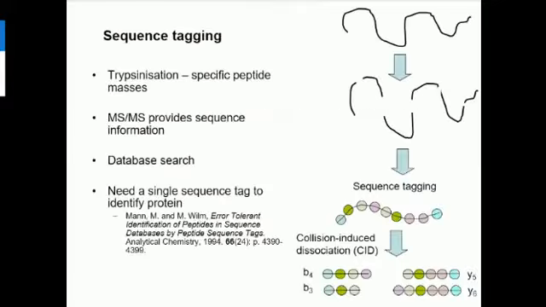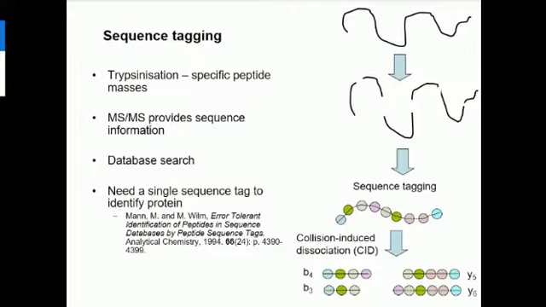Okay, so if we want to have greater confidence, then we would do sequence tagging. And the first steps of the process are exactly the same as if we were doing peptide mass fingerprint. So you've got your protein, you digest it into peptides. So you've still got that information that you can get from the peptide mass fingerprint. You'll still know what the set of masses corresponding to your set of peptides will be.